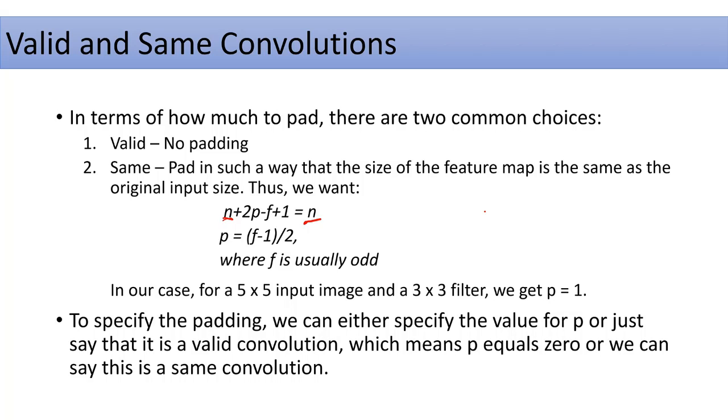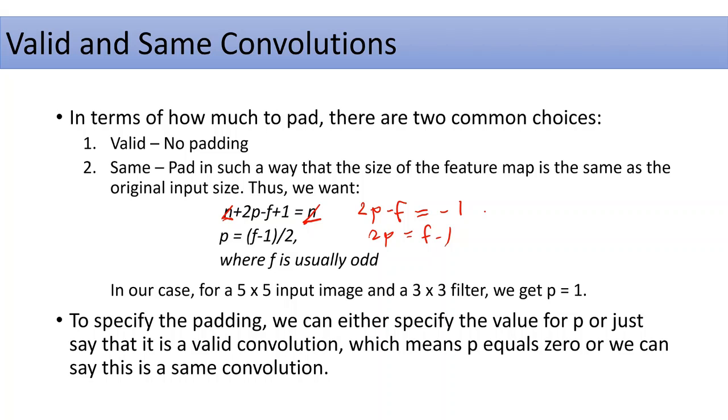Just doing simple algebra, n gets cancelled, we get 2p minus f plus 1 is equal to 0, then 2p minus f is equal to minus 1, and then 2p is equal to f minus 1, and p then becomes (f minus 1) by 2.